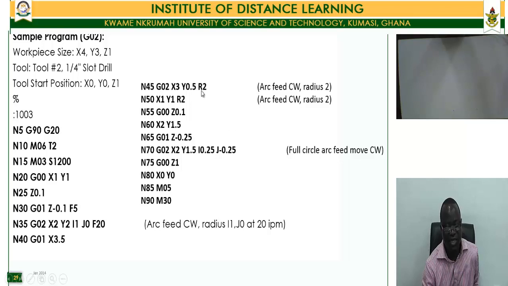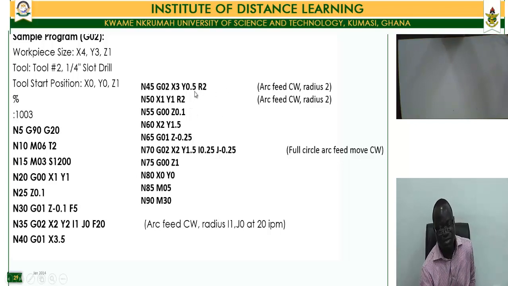But if you use the IJ, if you are doing an arc to any radius, it will pick it and define the arc. But if you use the R2, which is a radius, then there's a chance that the interpolation may create a full circle interpolation.